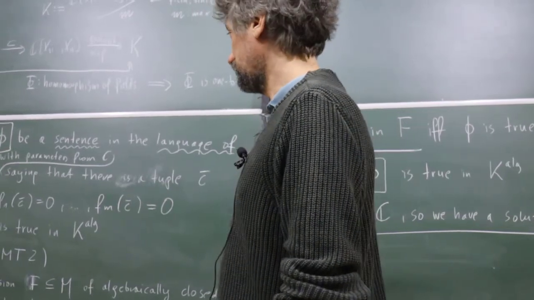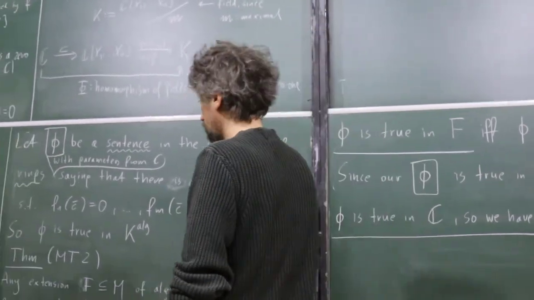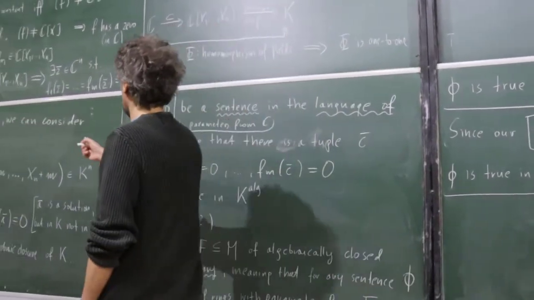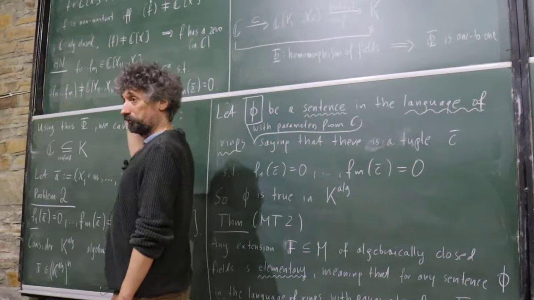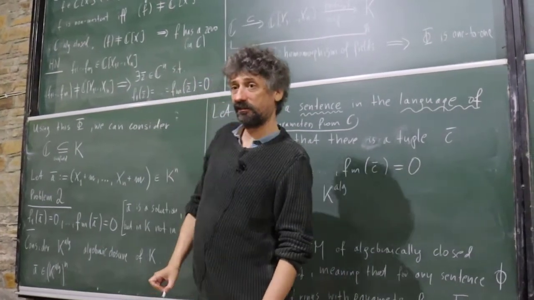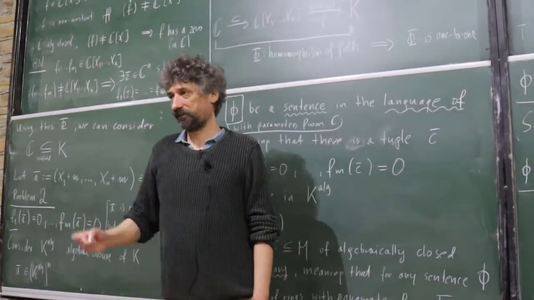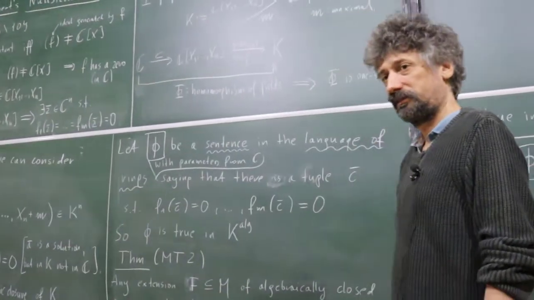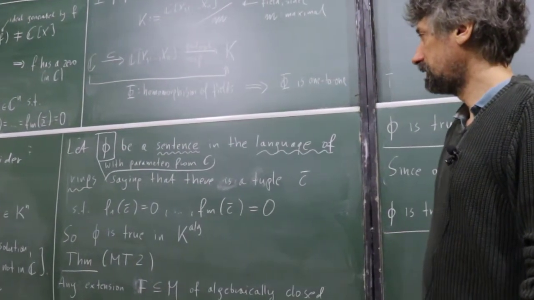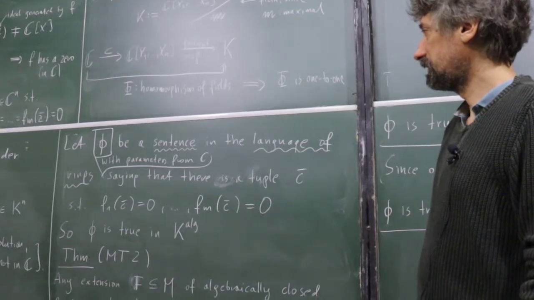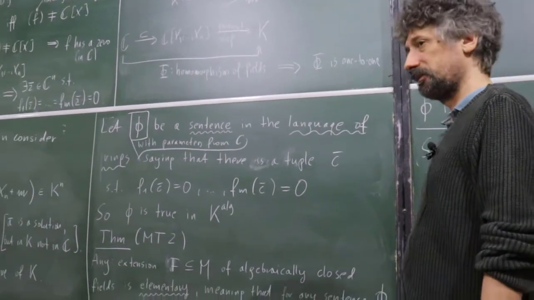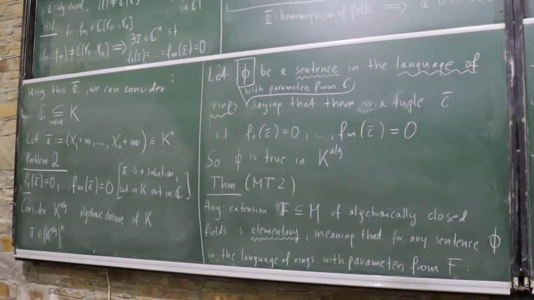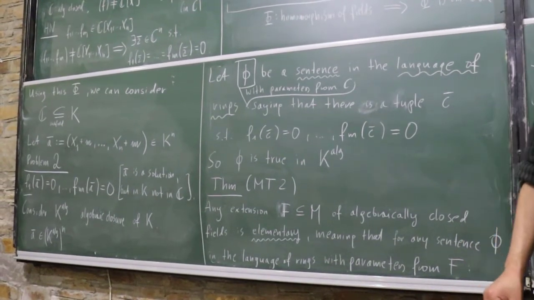So the sentence basically says there exists some Z bar such that this is true, for this specific F1 to Fn. It says there exists a solution. This A bar is a solution in K-alge, so by this we find one in C. We don't really find it, but we show it exists.